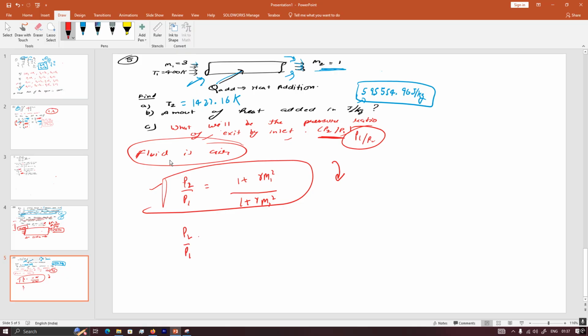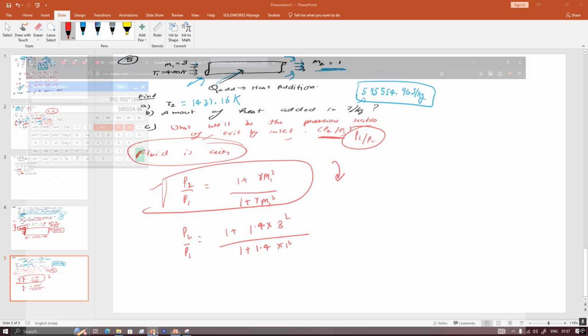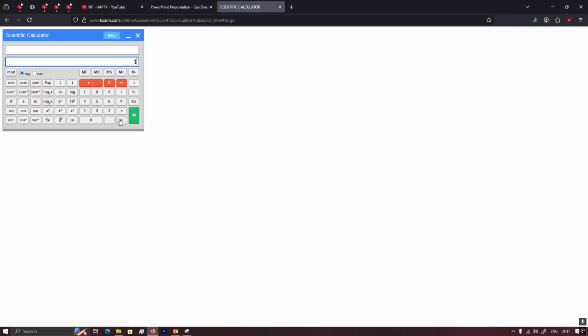So P2 by P1 will come as 1 plus 1.4 into M1, which is 3 square, upon 1 plus 1.4 into 1 square. So it will be 1 plus 1.4 into 3 square divided by 1 plus 1.4, right?